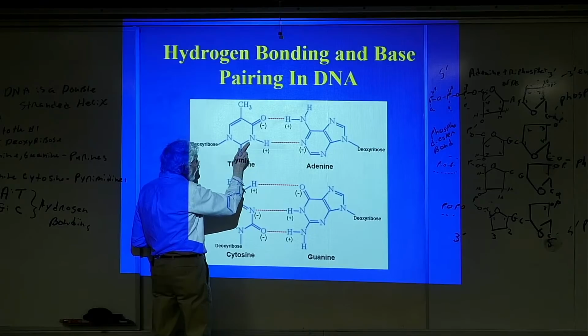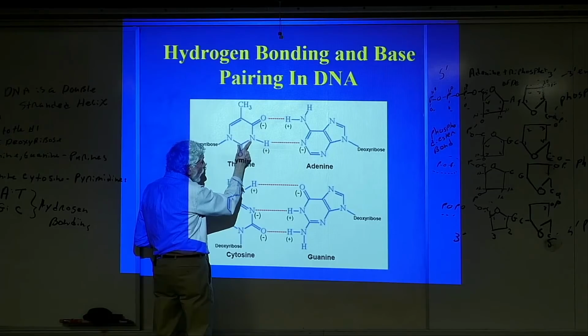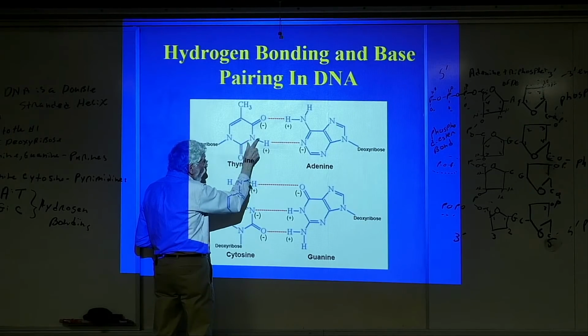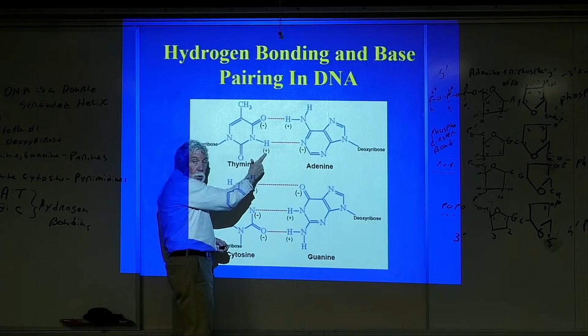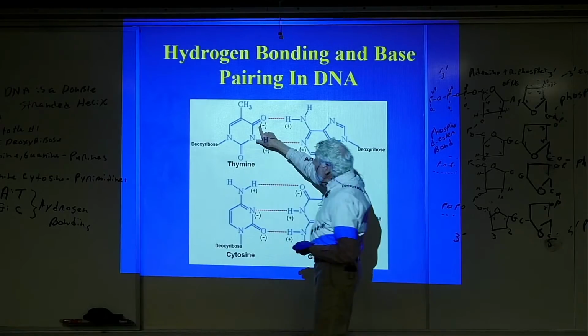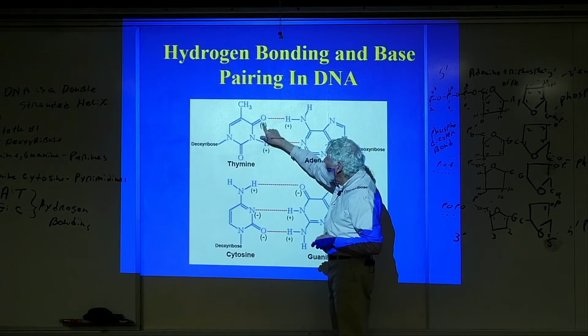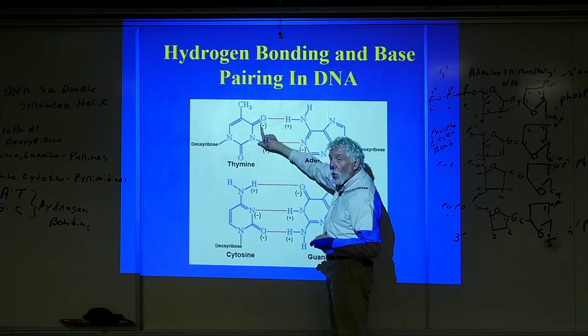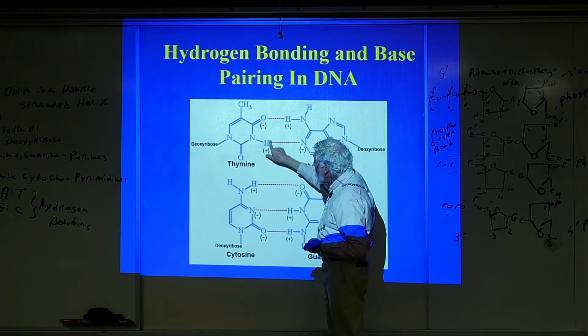Thymine has this nitrogen in its ring structure. It has a hydrogen attached to that nitrogen, and because the nitrogen is borrowing the electrons from the proton of the hydrogen, it's positively charged. Up here, the double bonded oxygen has an excess of electrons, and so this is negatively charged. So we have this negative charge on this oxygen of thymine, positive charge on this hydrogen.